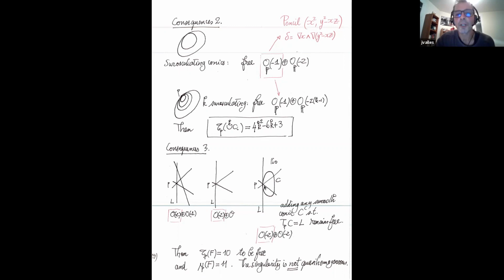Since you know the exponents, you can compute the C1 and the C2, so you know the Tjurina number, and you can verify that the Tjurina and the Milnor numbers do not coincide in this example. So this singularity is not a quasi-homogeneous singularity, even if it is not very complicated as a singular point.